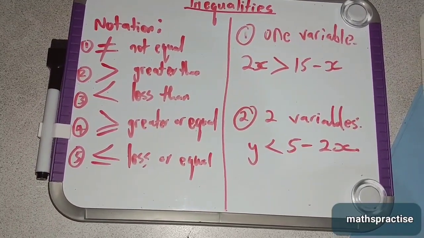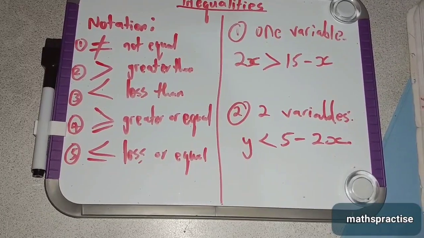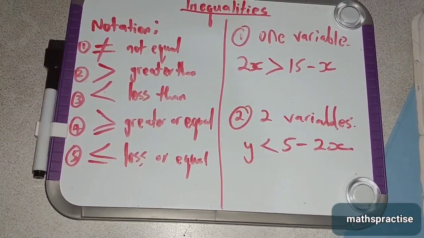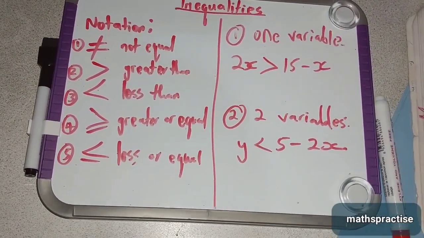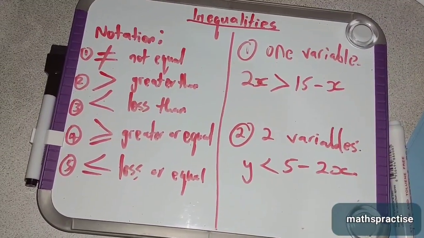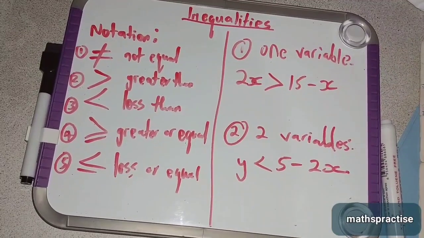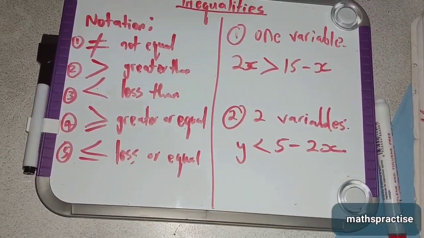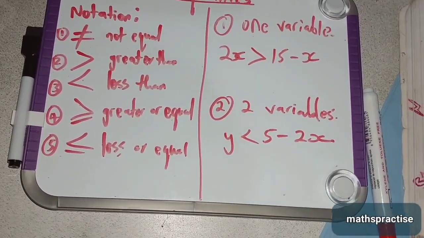So basically this is the basics of inequalities. And the other thing, before I forget: when you're dealing with a linear inequality with one variable, it is treated the same way that we treat equations.